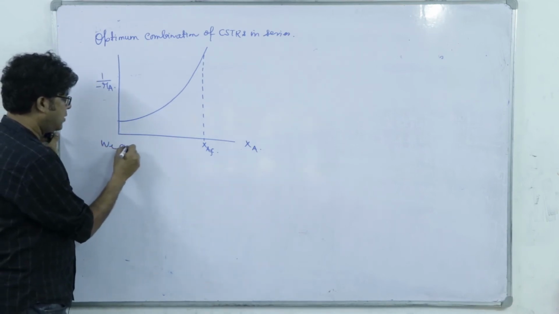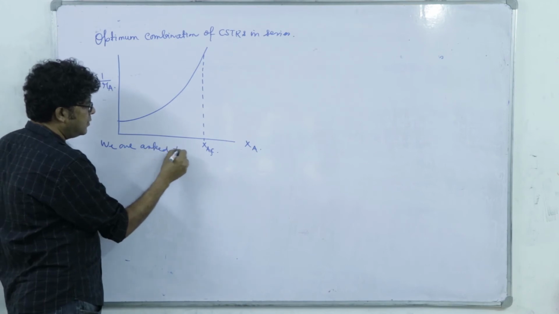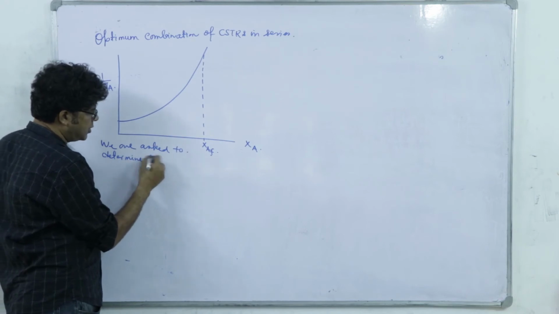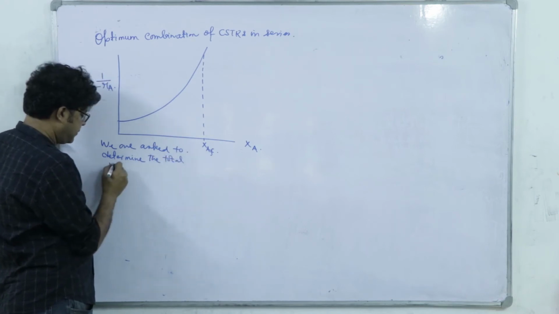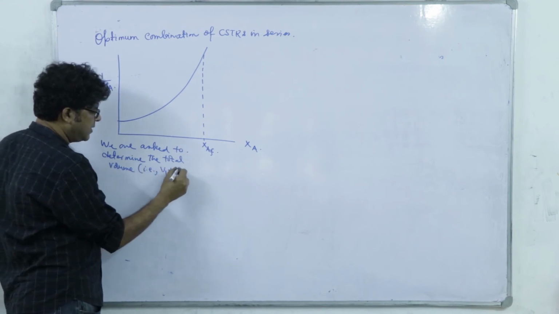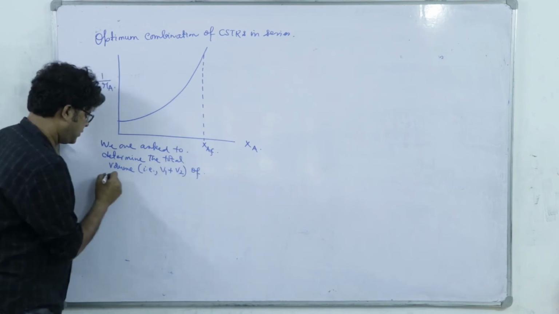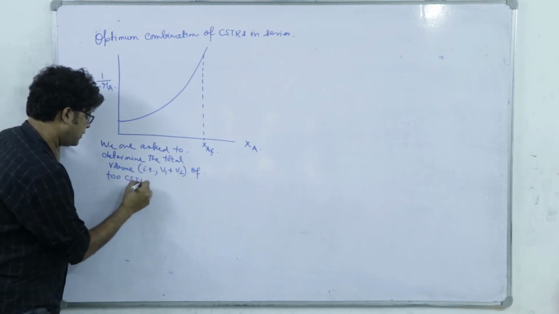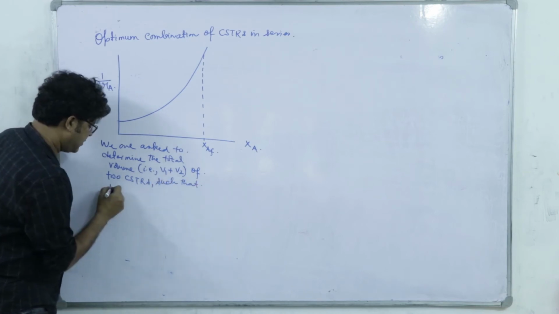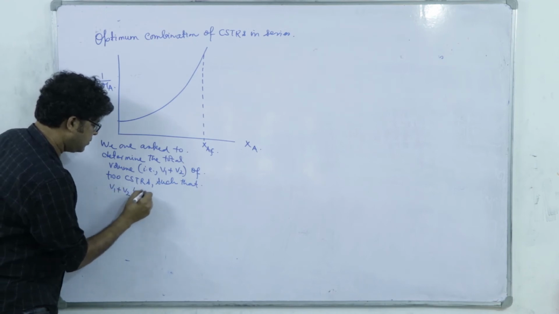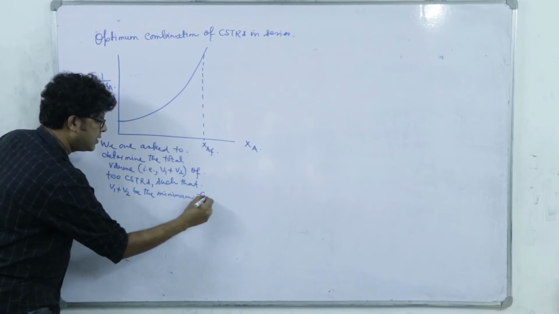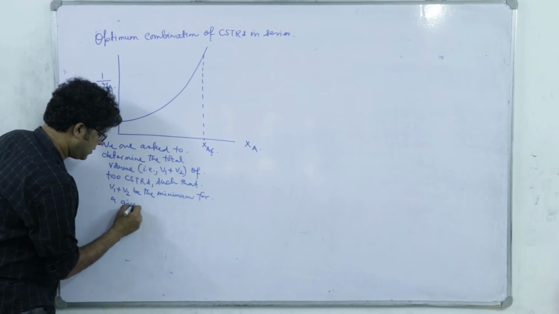We are asked to determine the total volume, that is V1 plus V2 of 2 CSTRs such that V1 plus V2 be the minimum for a given XF.